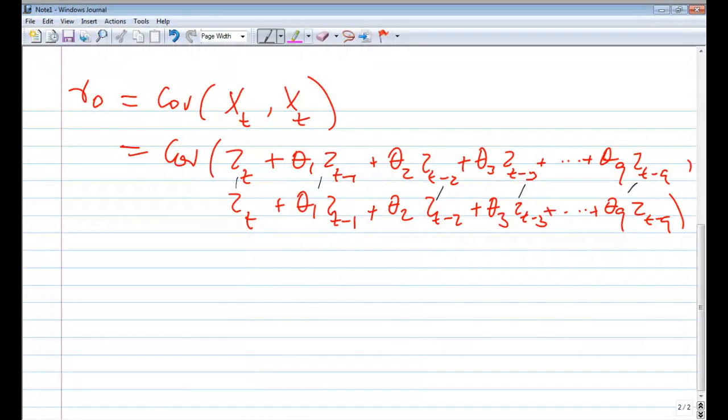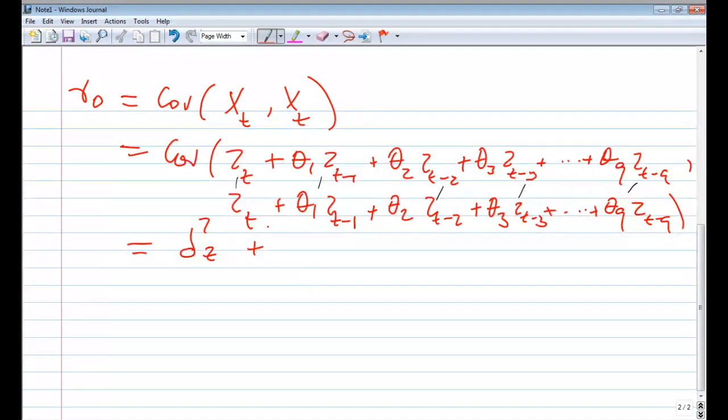So all in all, you're going to get the first one, the curve of zt and zt. So I'm skipping some information there. So I'm just jumping to this one, sigma squared z. Okay. So sigma squared z is the curve of zt and zt. So I jumped that step. Plus theta 1 times theta 1 is theta 1 squared.